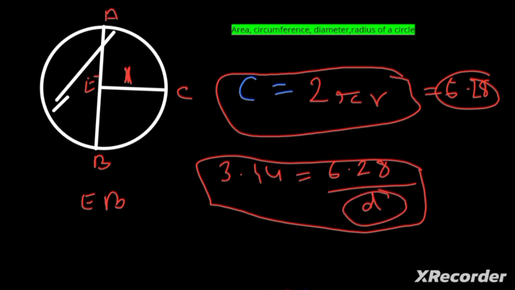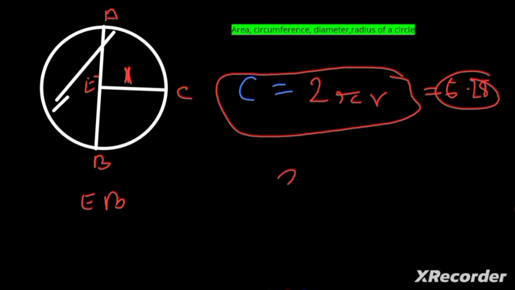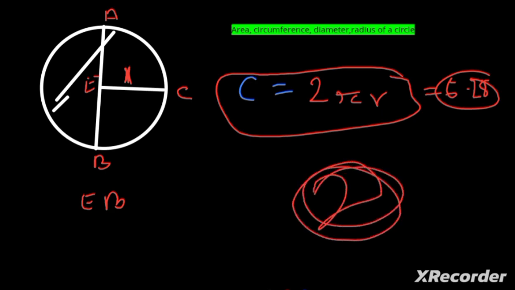I am giving you a hint. The value of this will be 6.28 divided by 3.14, which equals, not 3, 2. The answer will be 2. So the length of the diameter is 2 units.